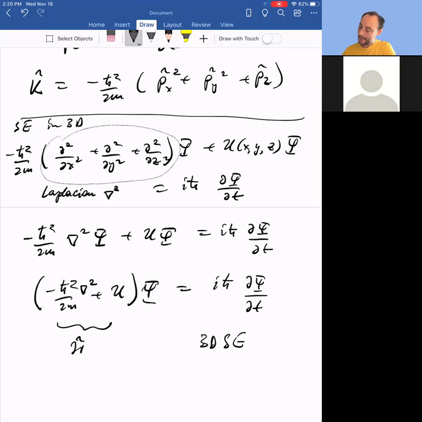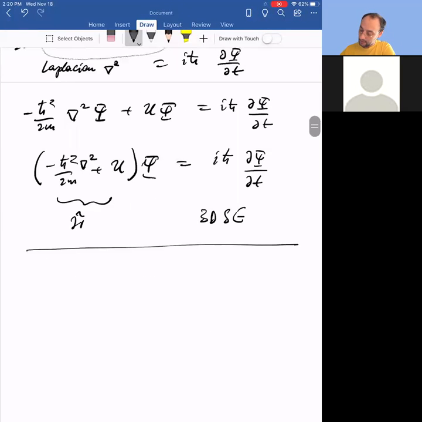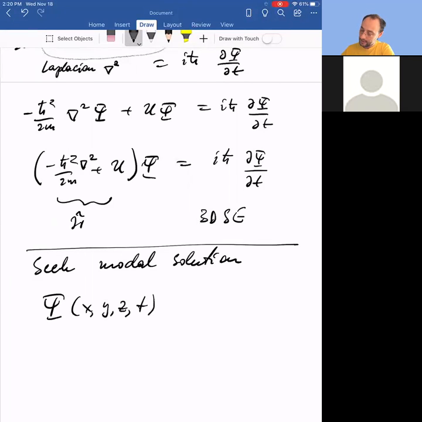As before, we will seek modal solutions, solutions in which the space and time variables separate. So in other words, the wave function is now a function of x, y, z, and t, a product of a function of space and a function of time, variable separable.